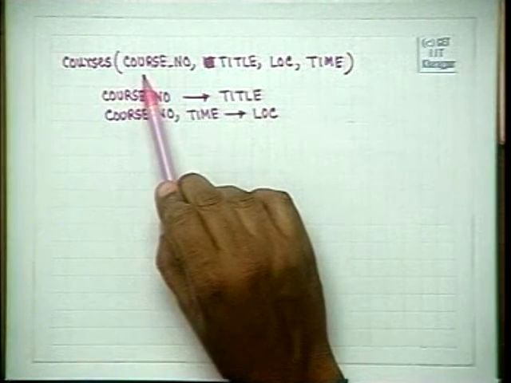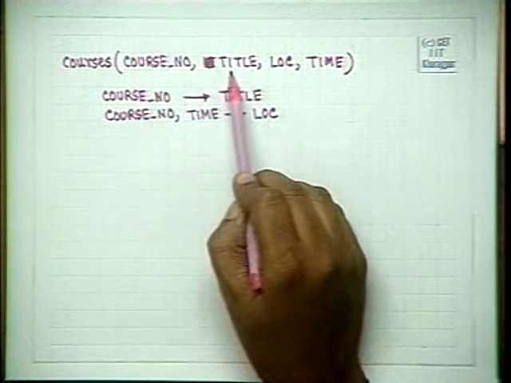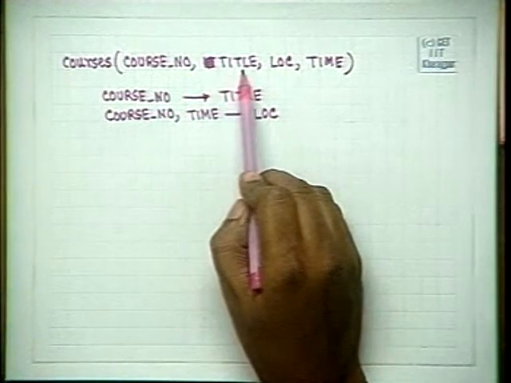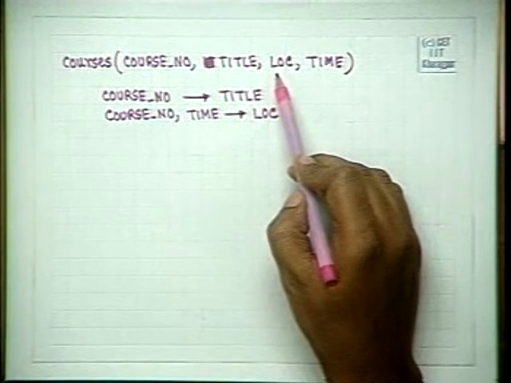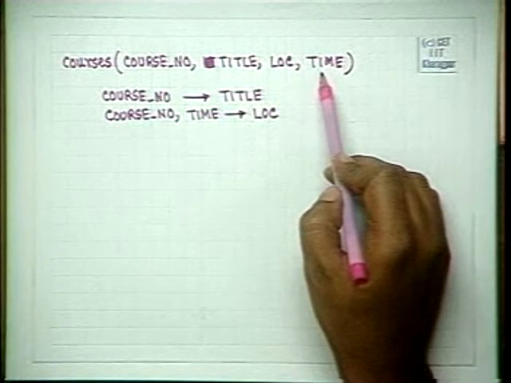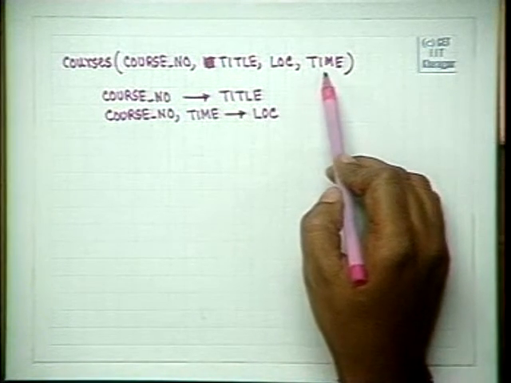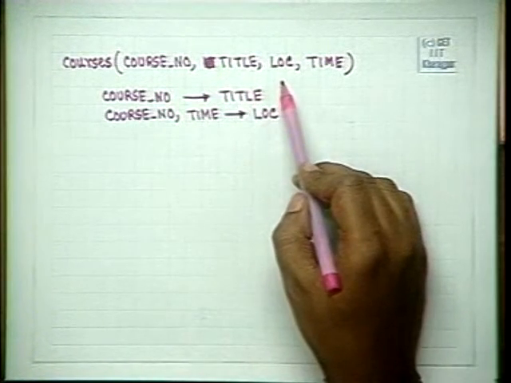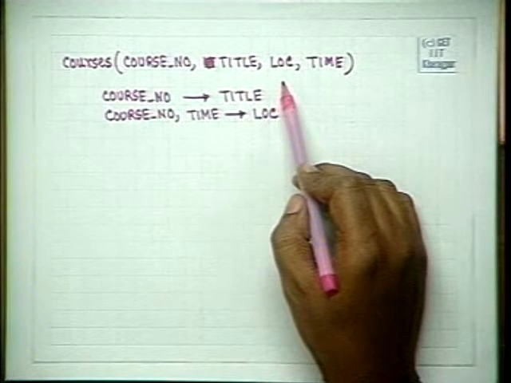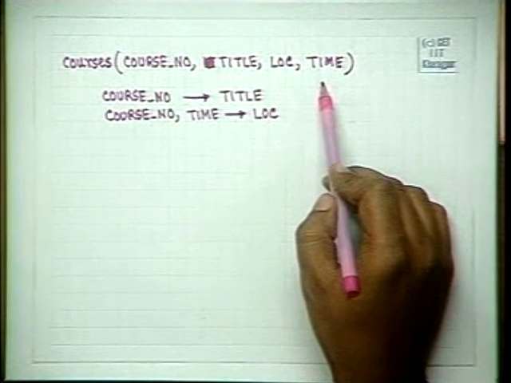So, a course number 17461, title Programming Methodology and Data Structures, location room 108, time maybe the third slot, Wednesday W3, Wednesday third slot. The same course with the same title may be held in room number F133 on Thursday the 5th hour.